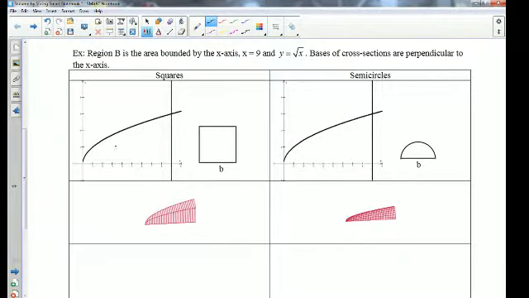So here's how the problem might be stated. Region B is the area bounded by the x-axis, x equals 9, and y equals the root x. That's what we did on our boards, right? Bases of cross sections are perpendicular to the x-axis.